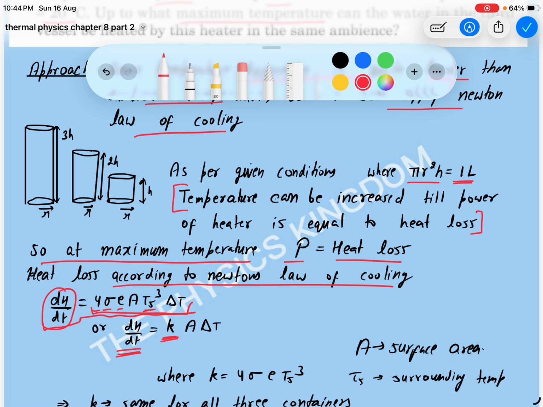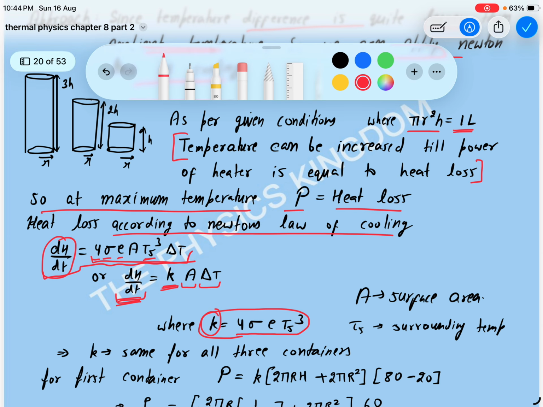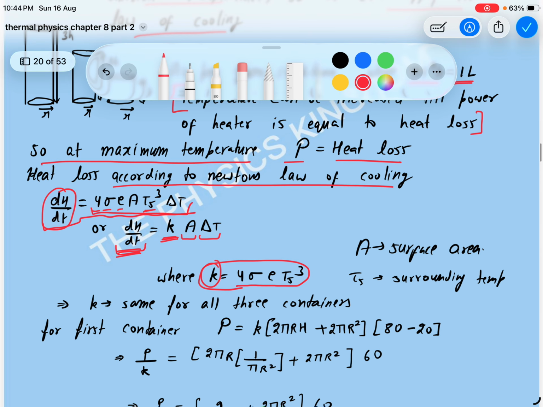So basically this K is 4 sigma E Ts cube. Heat loss is proportional to area and temperature difference. This K is the same for all the containers. For all the three containers, this K value is the same. A is surface area, T is surrounding temperature, right?